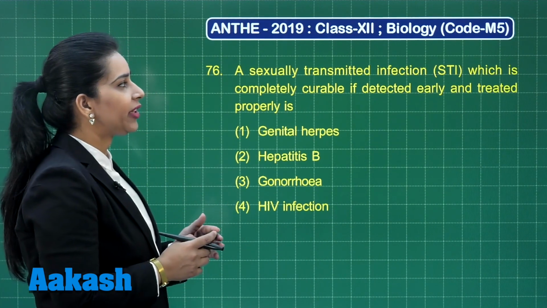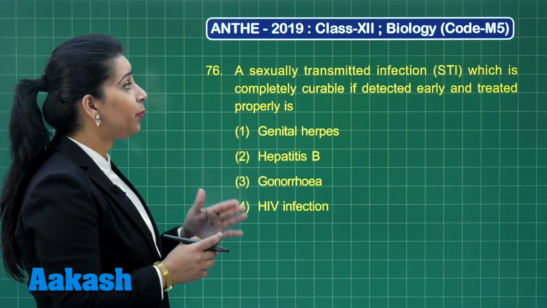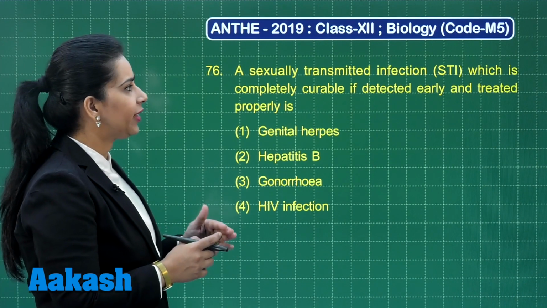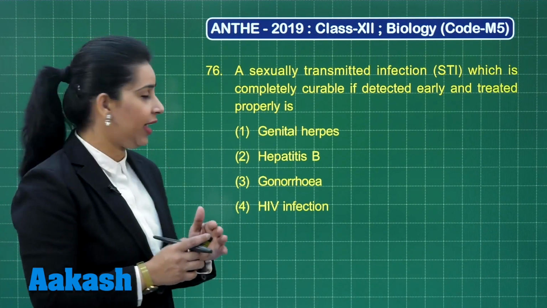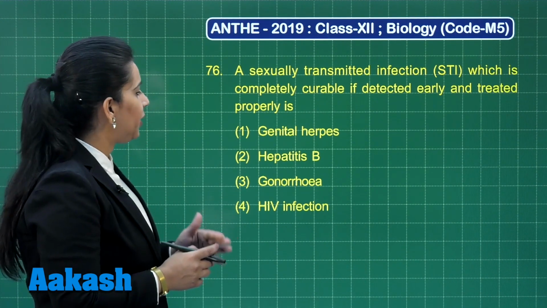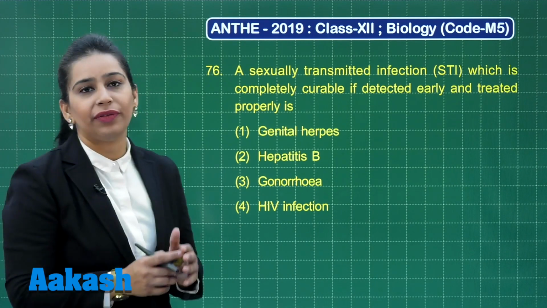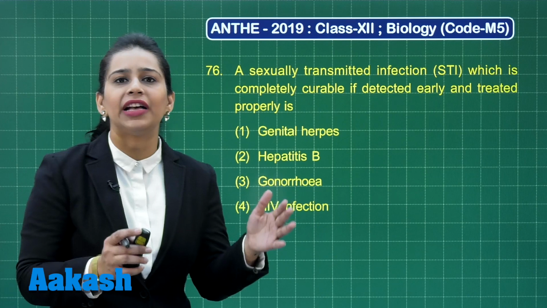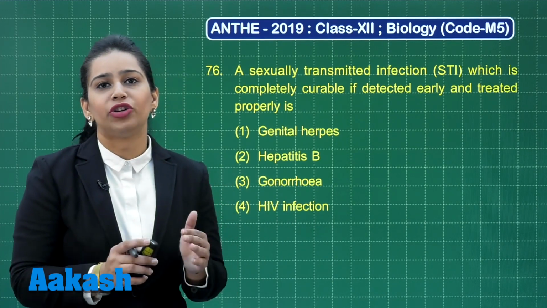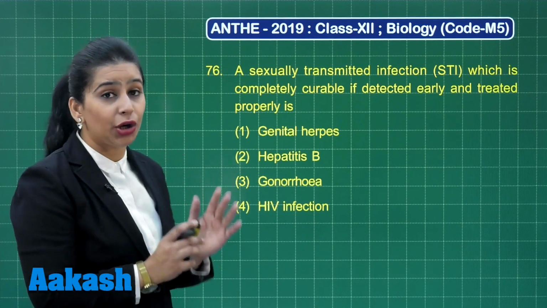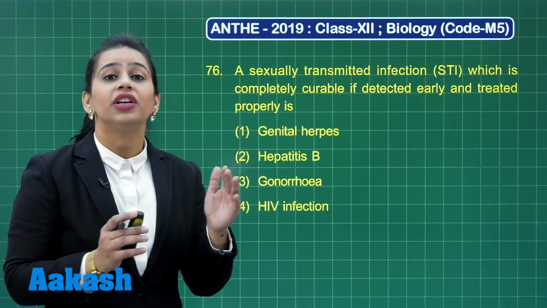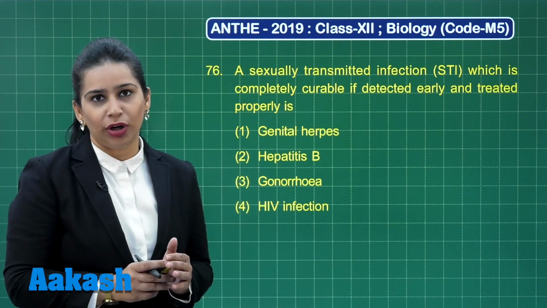A sexually transmitted infection which is completely curable if detected early and treated properly is: first genital herpes, second hepatitis B, third gonorrhea, fourth HIV infection. Now first of all, as you have learnt, sexually transmitted infections are those that get transmitted by sexual contact.